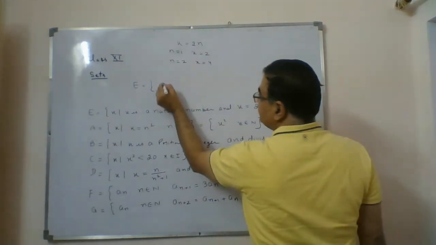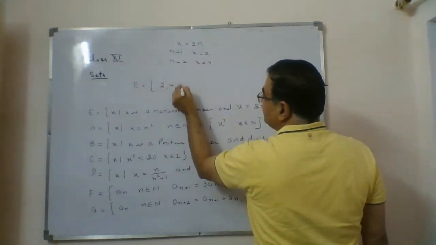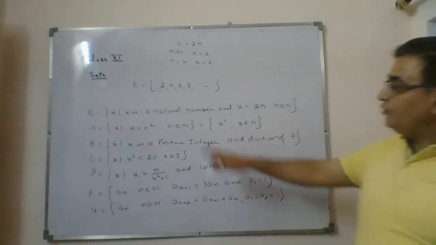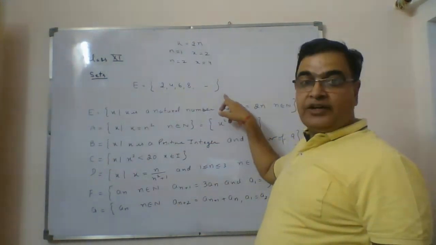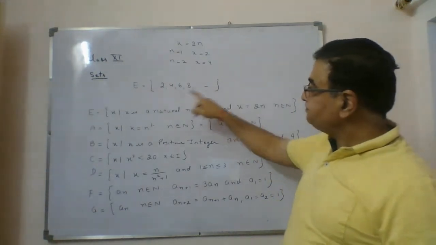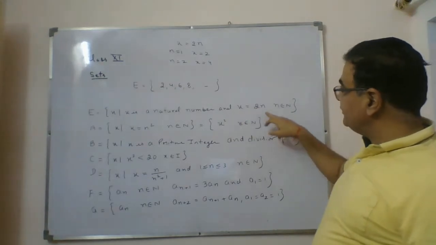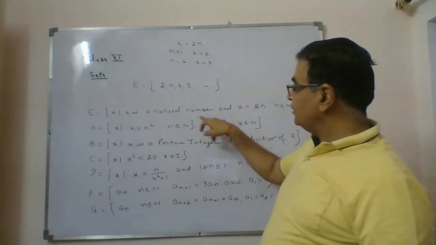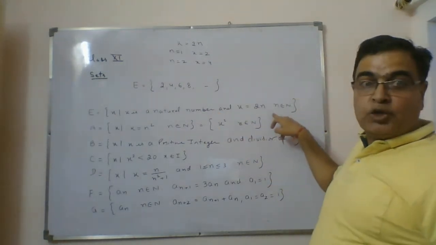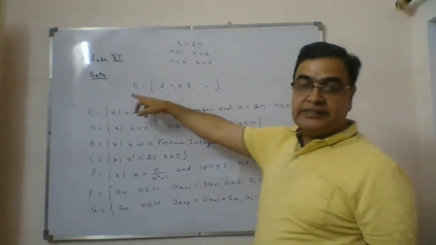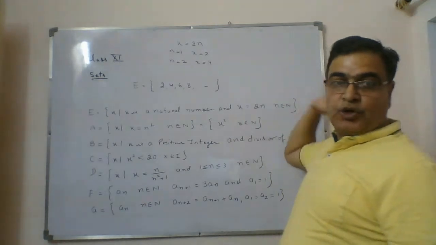So the numbers are 2, 4, 6, 8, and so on. So the first set will be the set of even numbers: 2, 4, 6, 8, 10, and so on. 2n means all even numbers, so E will be 2, 4, 6, 8, and so on.